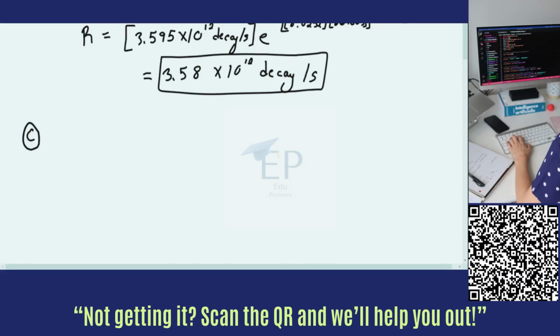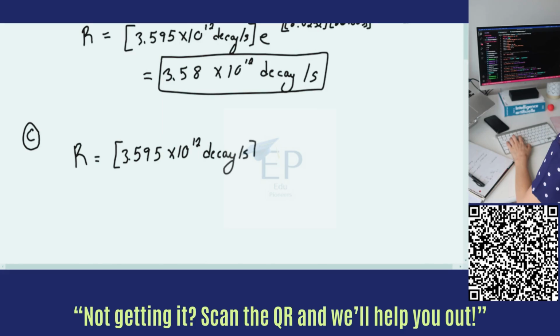So C, we have again your R. I'm going to put 3.595 times 10 to the 12 decays per second. Okay?